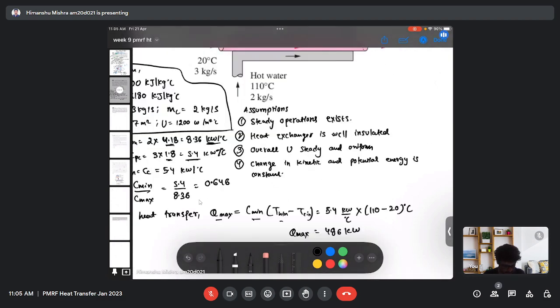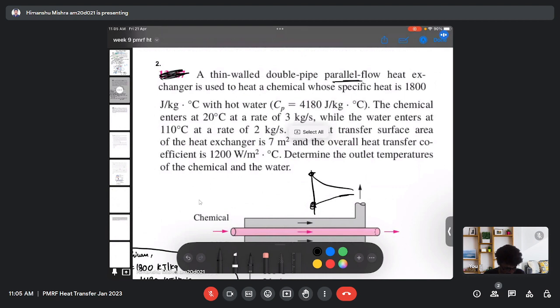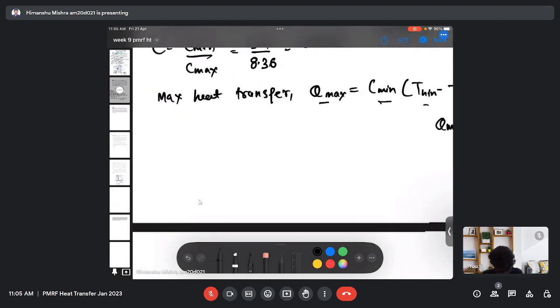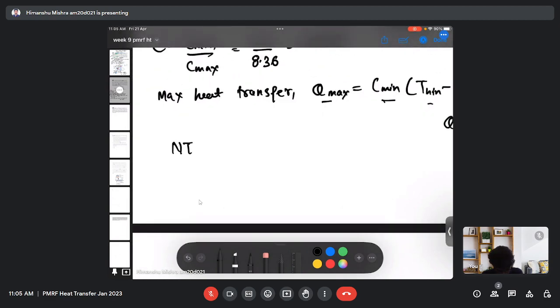So now since we have been given the area, 7 meters square, and the overall heat transfer coefficient, 1200, I can calculate NTU directly from the information. So my NTU will be UA by C minimum.